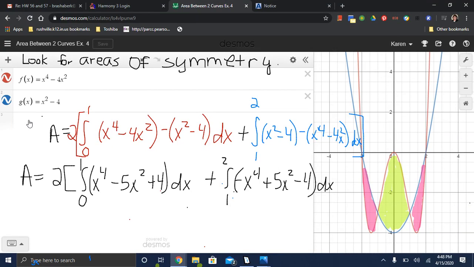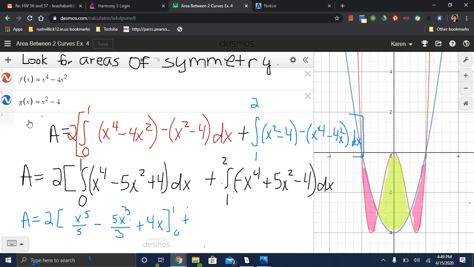All right, so this is just the integration part of the last problem when I ran out of time. So we'll integrate that first part, making x to the 5th over 5 minus 5x to the 3rd over 3, and then plus 4x. We'll be evaluating this section from 0 to 1, and then integrating that next portion.